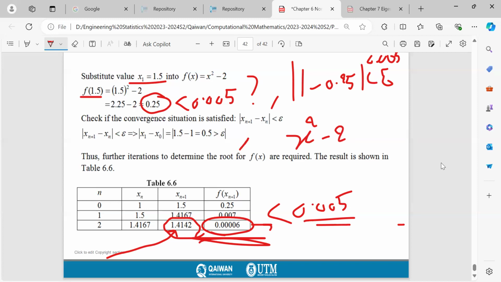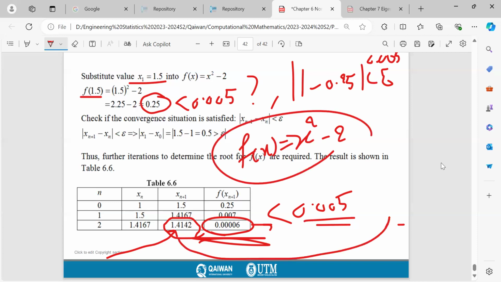This is f of x. At this value, the function is close to 0.